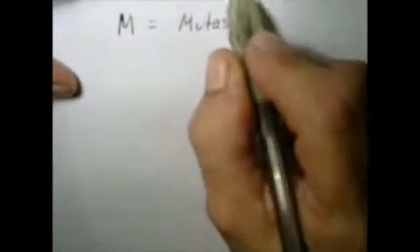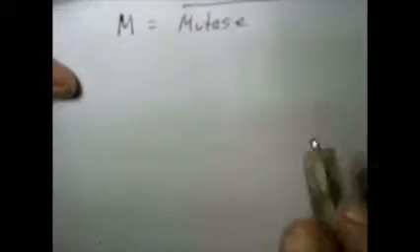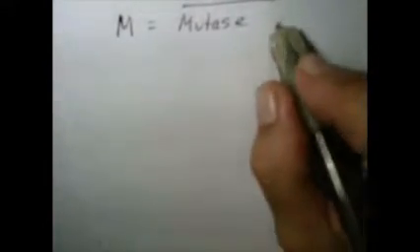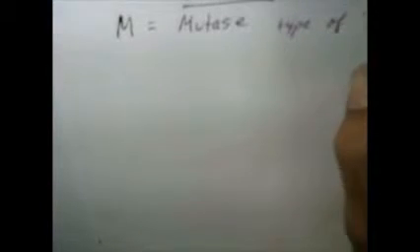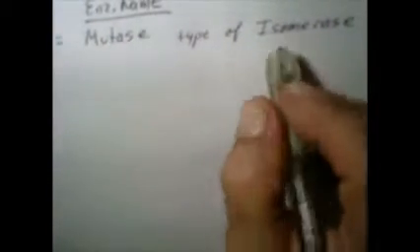The M in Mad-Ike stands for a mutase. This is going to be in the enzyme name. A mutase is a type of isomerase. It's a special type of isomerase. We know what an isomer is. An isomerase refers to an isomer where you're moving a functional group.